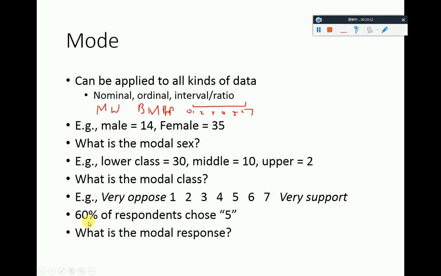There can't be another 60% for another response because we can't have a percentage that's larger than 100% for a given sample. So this is the clear majority, so the modal response is 5. Okay, that's mode. Pretty simple, very straightforward.